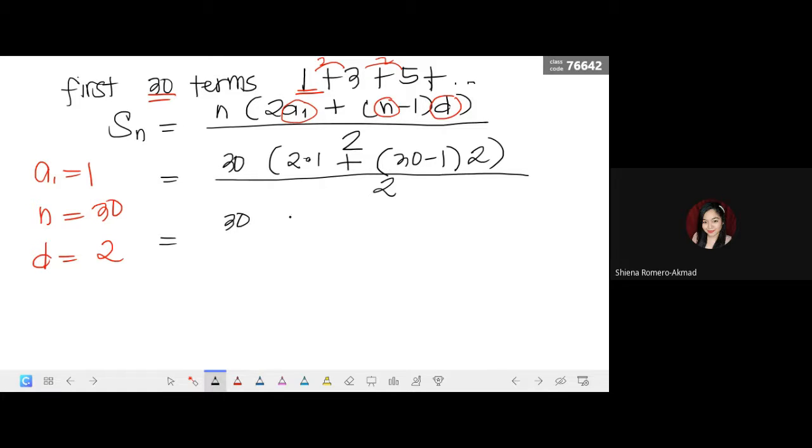So we have 30 times 2 times 1 is 2. Plus 30 minus 1 is 29 times 2. 29 times 2 is 58 divided by 2.